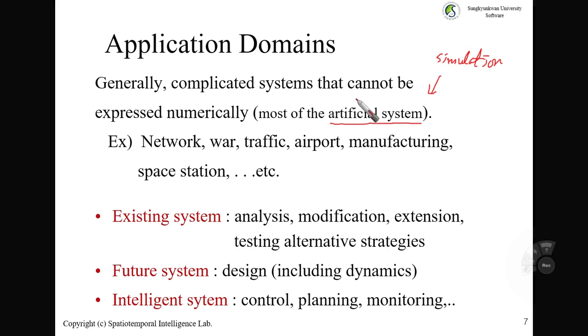Okay. Think of a certain manufacturing factory. Okay, there is a factory, and think of the activities occurring within the factory. Can you describe most of the activities within the factory by mathematics? It is impossible.